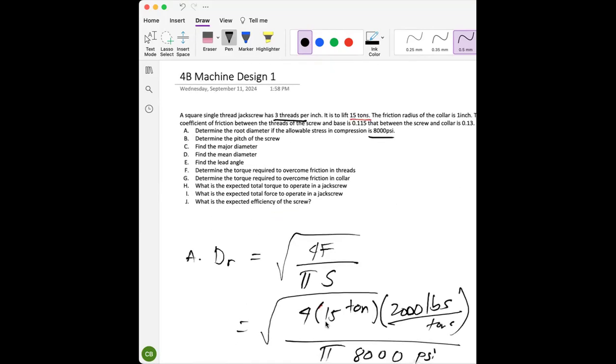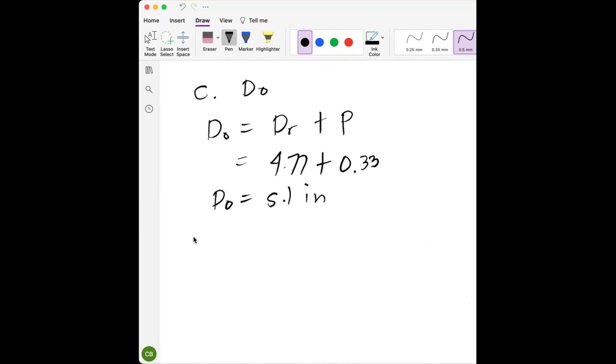Then the next would be, we are looking for the mean diameter, dm. So dm is equal to the outside diameter plus the root diameter over 2.